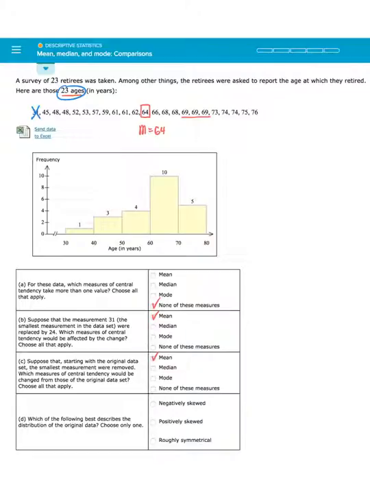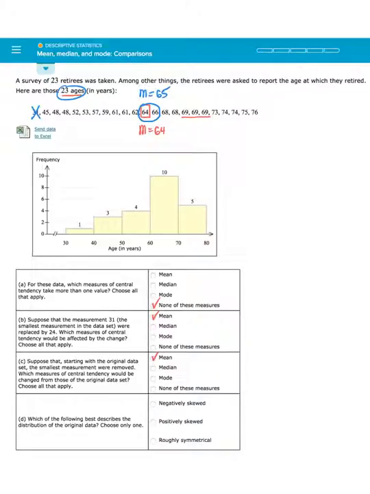64 used to be median. It was the central number right there in the middle of the data set originally. Now it's no longer in the middle because we lost one element on the left hand side, the smallest one. I currently have 22 elements, and now my median has to be the average of the two numbers in the middle, and the average of 64 and 66 happens to be 65.